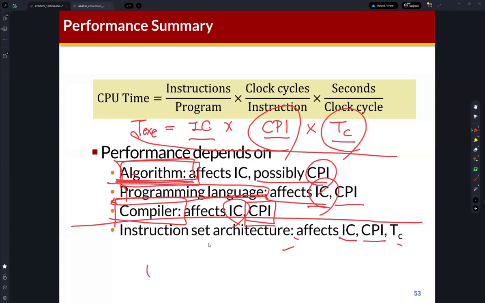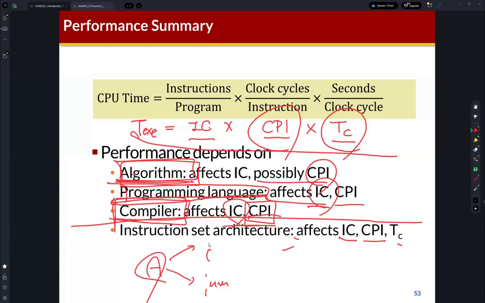This is the same application, and I compile the same application with C and with Java. Then the instruction count can be different. Even though the application is the same, the instruction count can be different. Also, the compiler influences the instruction count and CPI.